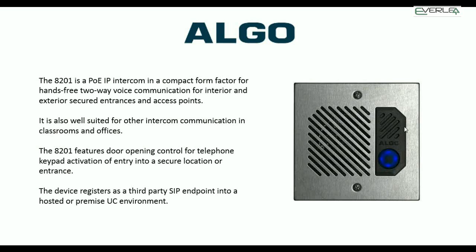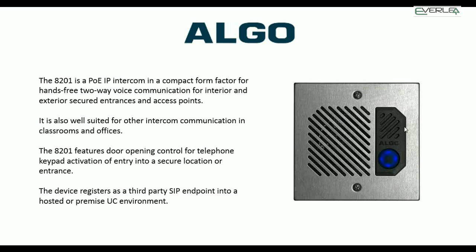The device registers as a third-party SIP endpoint to hosted or on-premise UC, Unified Communications environment. Effectively, what that means is that it's a SIP-compliant unit. It will connect to pretty much any other SIP-compliant server, IP PBX, cloud-based system, etc. It's all NAT compatible, so it can work behind the NAT.